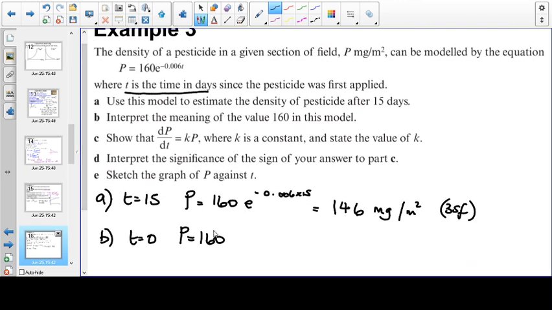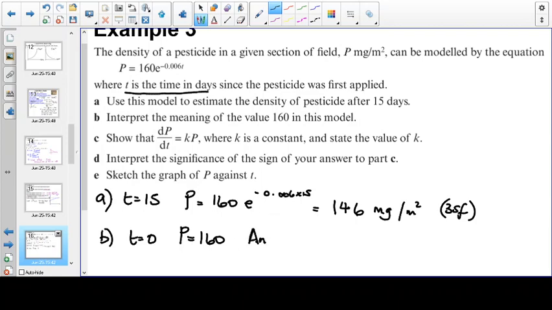So in terms of the model, that's going to be the density of the pesticide in a section of field when t is 0. So when it's first applied. Okay, so that's how much pesticide is in the field when it's first applied.